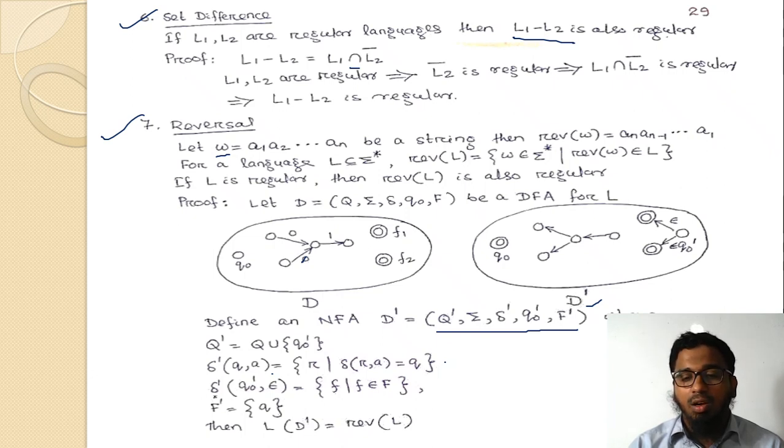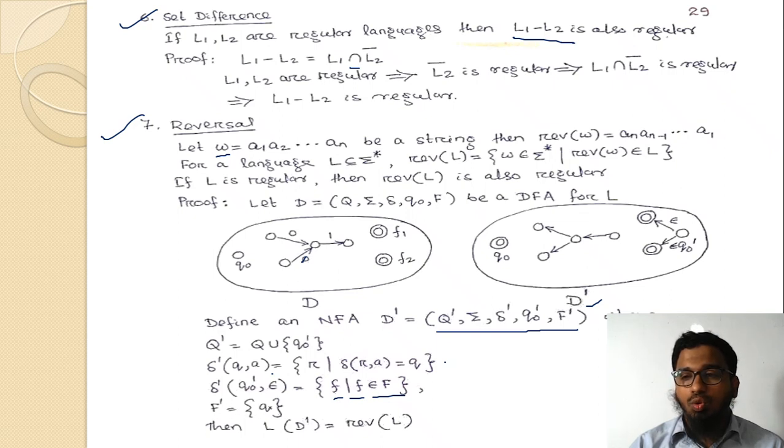Next state, delta dash of q0 dash on epsilon is the final states. How can we say the final? Because in the dash, that is not connected, based on the epsilon only we are getting the final states. What is f dash?